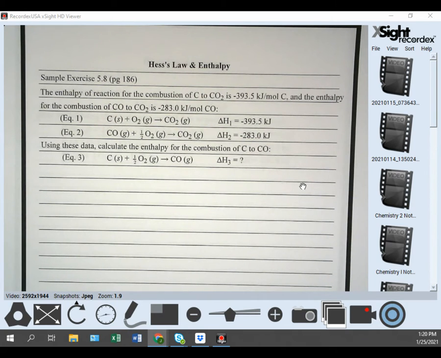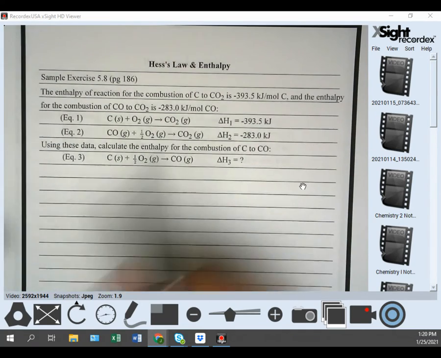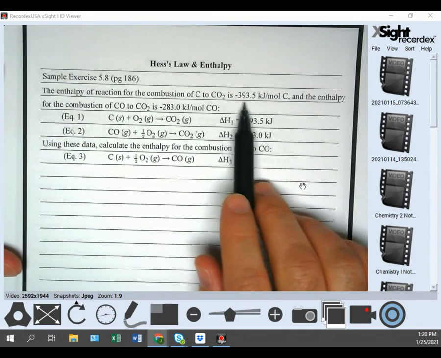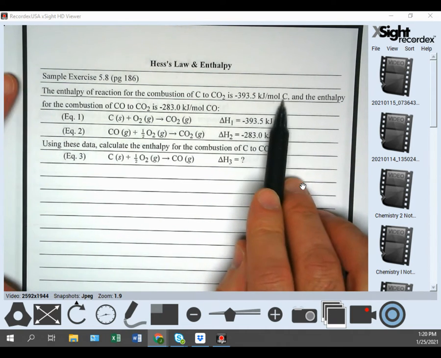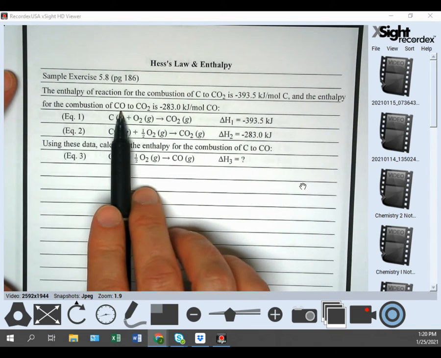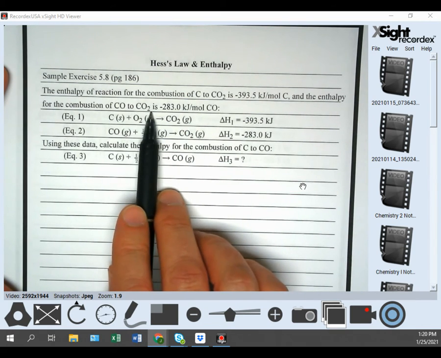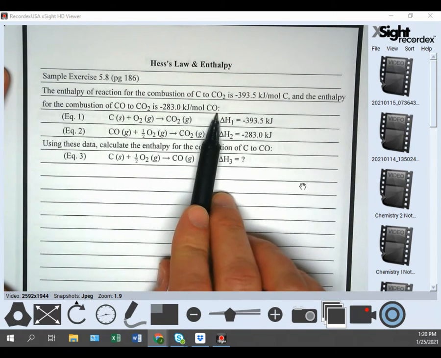The enthalpy of reaction for the combustion of carbon to CO2, carbon dioxide, is negative 393.5 kilojoules per mole carbon. And the enthalpy for the combustion of carbon monoxide to carbon dioxide is negative 283.0 kilojoules per mole carbon monoxide.